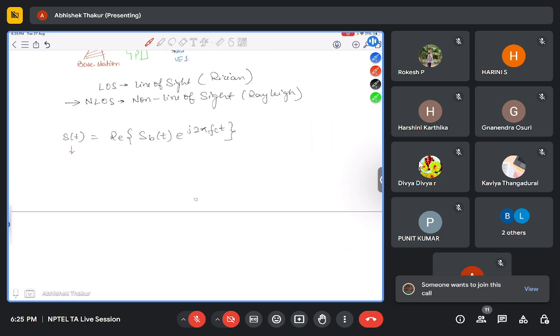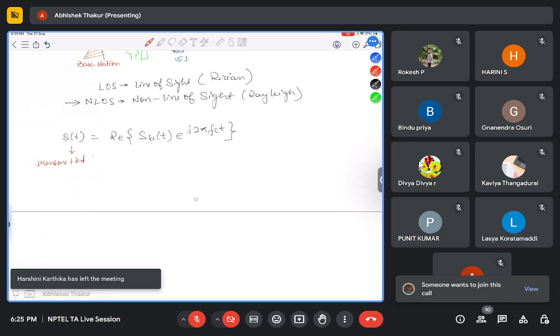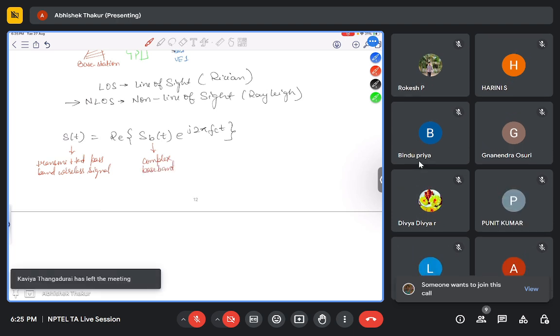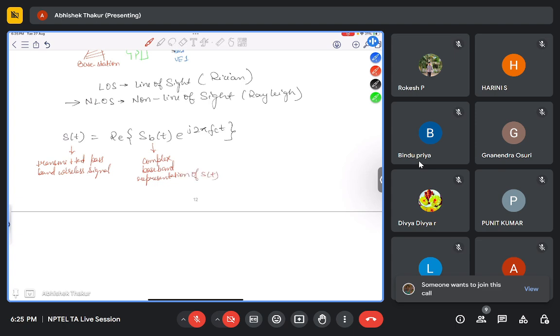Here s(t) is the transmitted passband wireless signal, and s_b(t) is the complex baseband transmitted signal, the complex baseband representation of s(t), the passband signal.